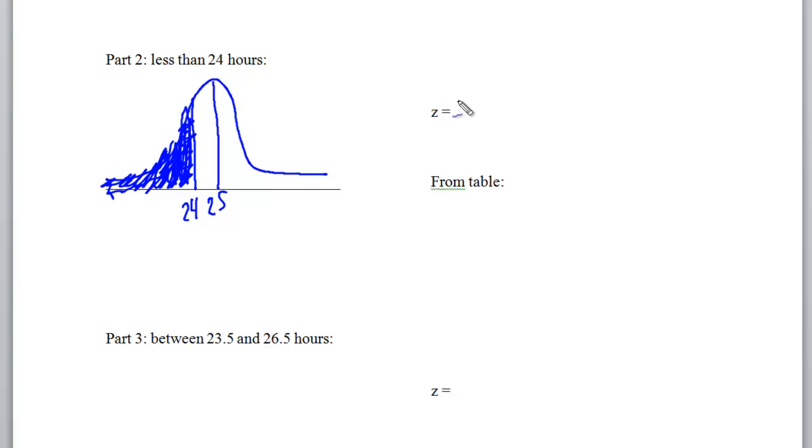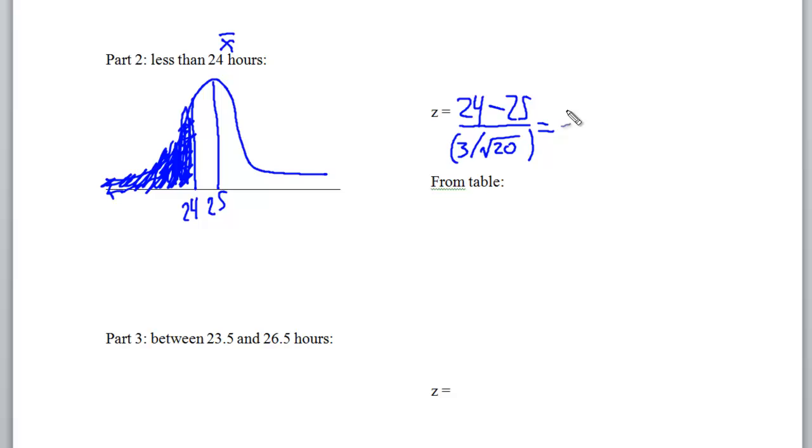So in this case, our target mean score is 24 minus our average, which is 25, and we're going to divide that by, in parentheses again, our standard deviation divided by the square root of our sample size.